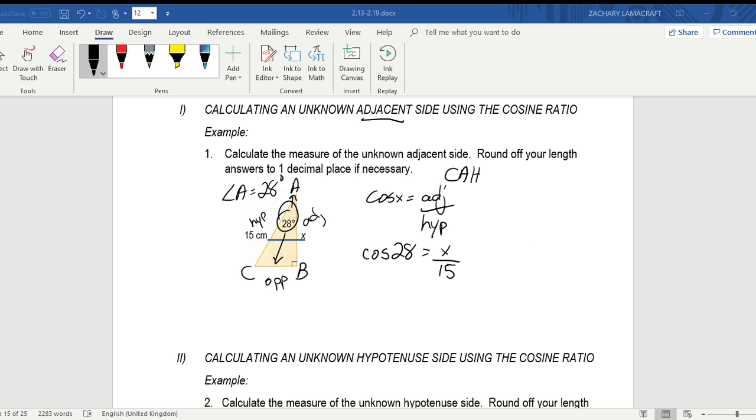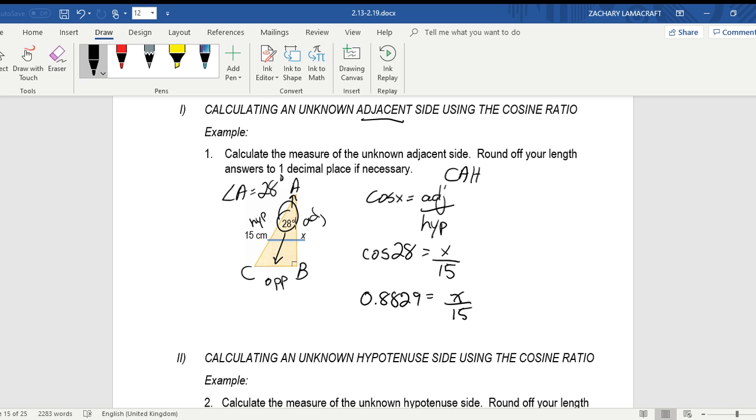Can somebody write in the chat what cos 28 is equal to? .8829, that is correct. So we'd have 0.8829 is equal to x divided by 15.